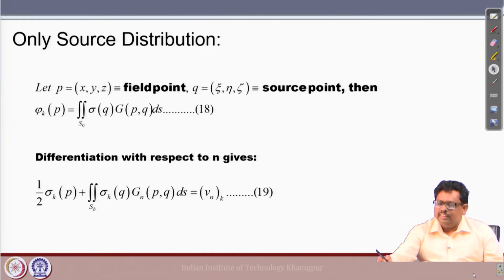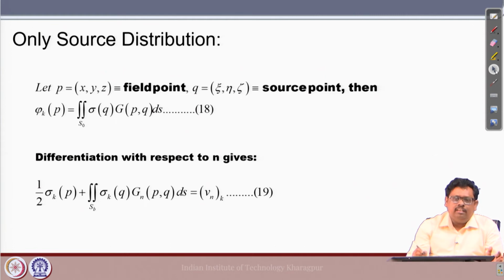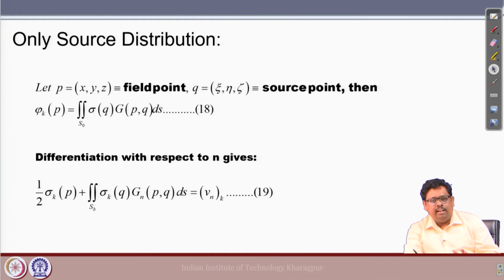So, now I understand equation 19 correctly, right. This is how equations 18 and 19 should be. Now, how do I solve equation 18? First you need to solve equation 19, because in equation 19 all the parameters are now known to you. The right hand side is nothing but your body boundary condition, that you know.